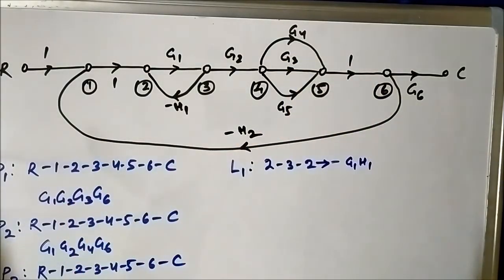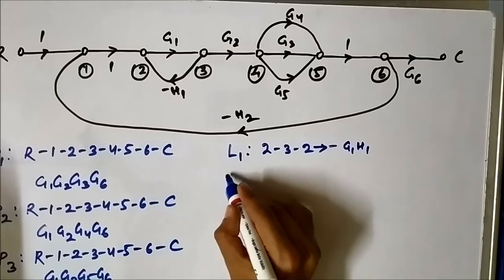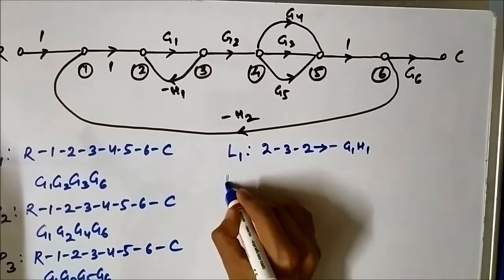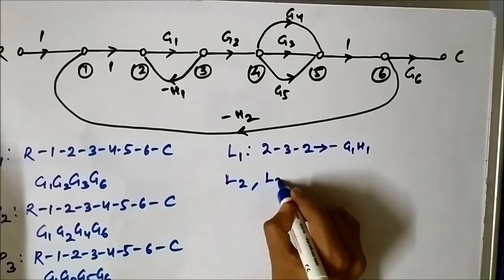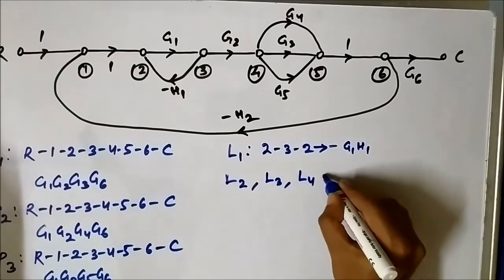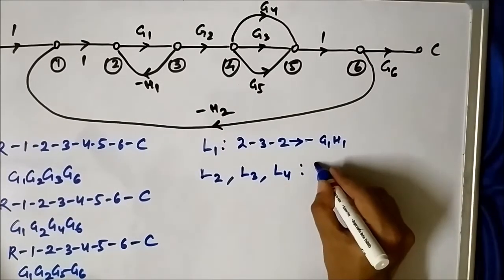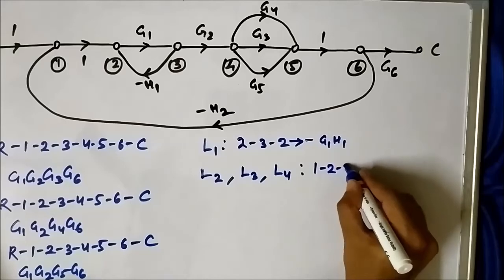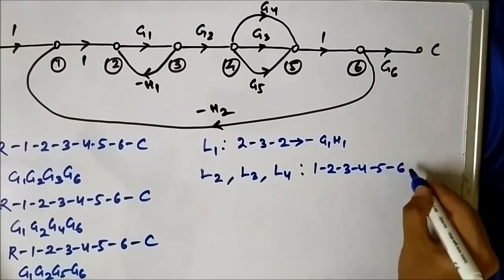Nodal representation of each will be the same, so let us write the nodal representation of L2, L3 and L4. Okay, the nodal representation is 1 2 3 4 5 6 and 1.